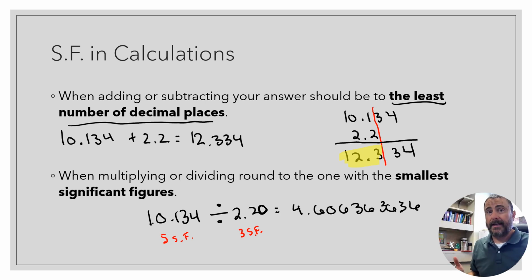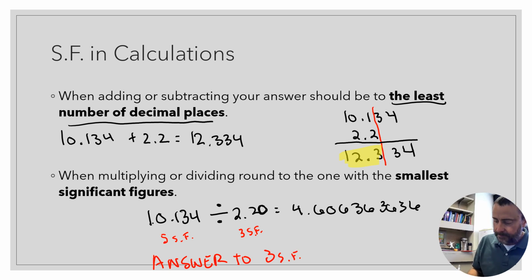Well, 3 is smaller than 5, so our answer should have 3 significant figures. Our answer is 4.6, so that's 2 significant figures, and then we need one more number in there, so we've got 4.60, oh, but it's 0.6, so we're going to round up.